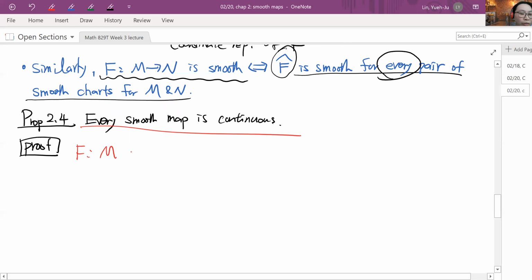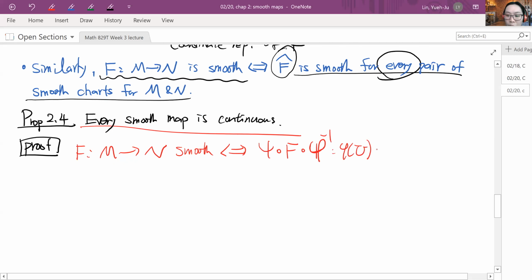So let's say you have a smooth map between two manifolds. Then this just means that your coordinate representation is going to be smooth, by definition. So this is the definition of having a smooth map between two manifolds.